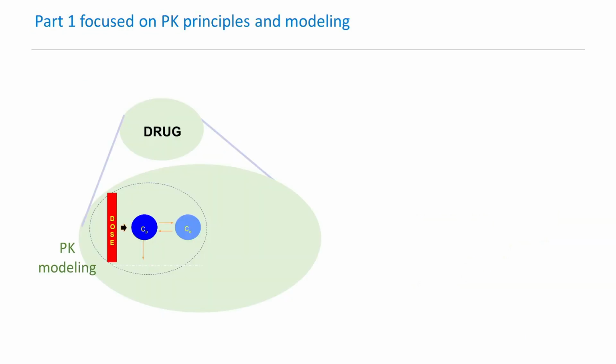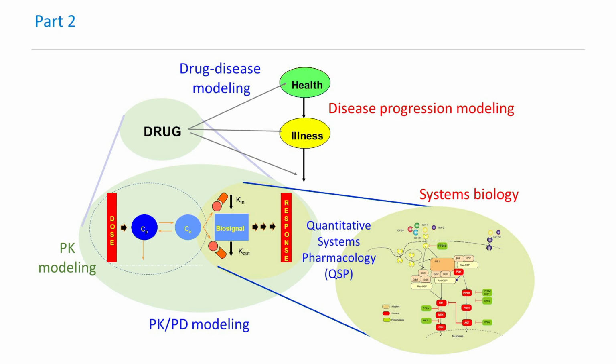So part one today focused on PK principles and modeling. So we really focused on the PK components because that's foundational to understanding the PK/PD. If we don't understand the disposition of the drug and the exposure to the drug, then everything downstream is going to be difficult for us to quantitate and to optimize. So what you have to look forward to in the next session is an expansion beyond PK.